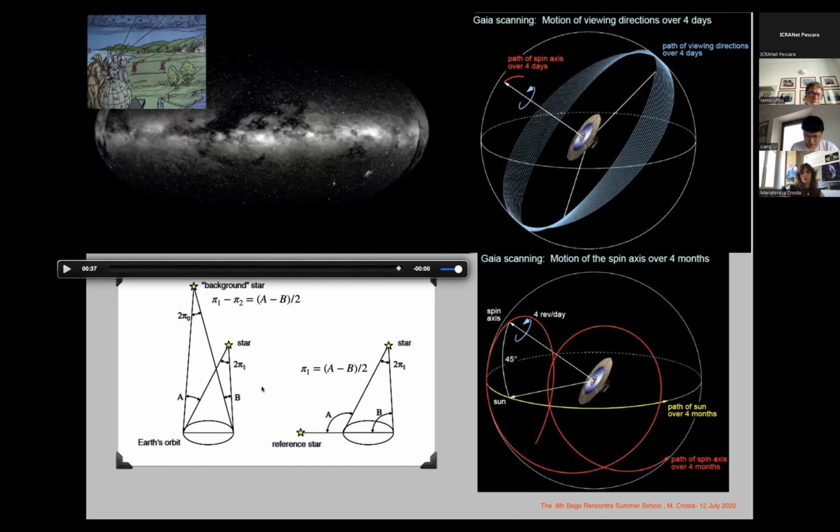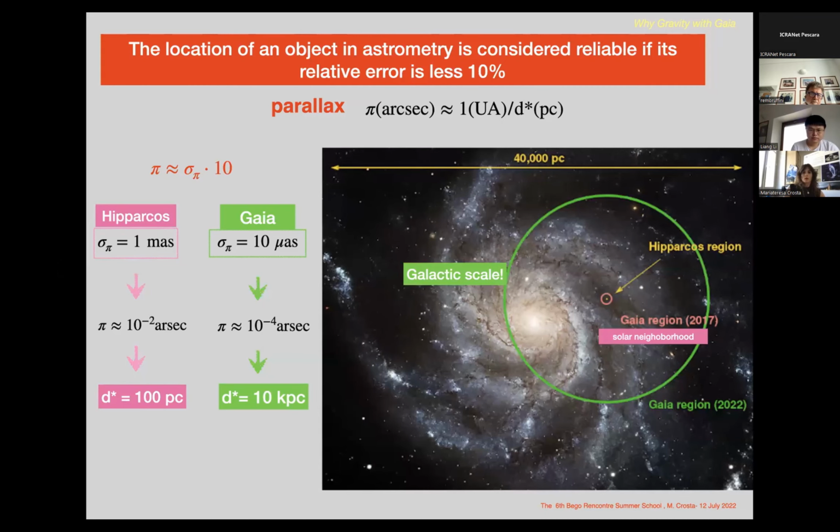And Gaia is measuring absolute parallaxes, because it is working in space and not on Earth. Measuring small angles means, in practice, reaching longer distances. The location of an object in astrometry is considered reliable if its relative error is less than 10%. This means, for example, that Hipparcos, the previous space astrometric mission, had an accuracy of 1 milliarcsecond.